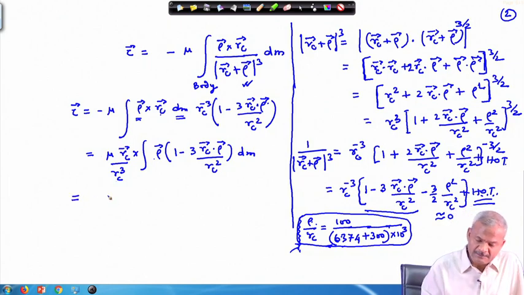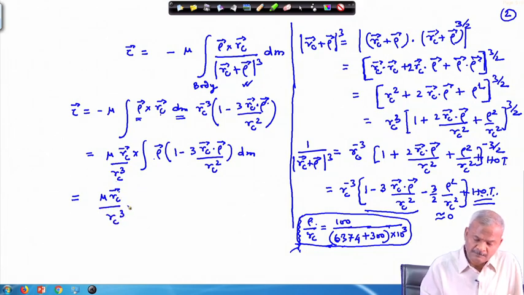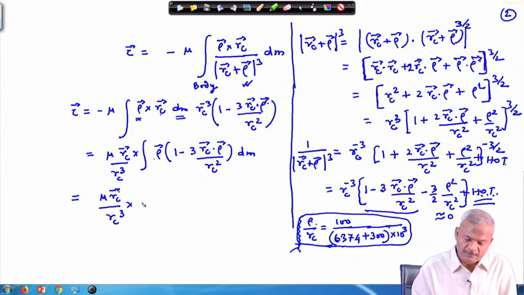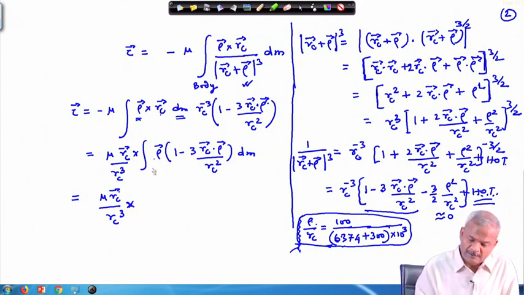So, in the next step, we take this rho inside, and if we take it inside, we can break it like this.